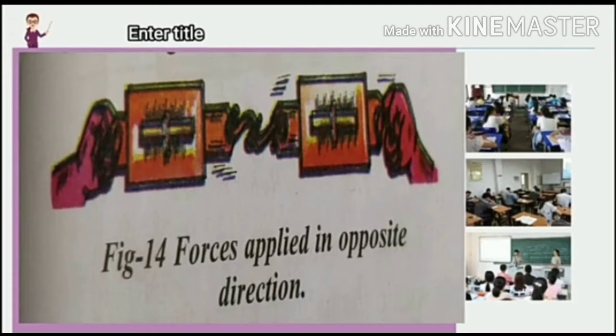But even though the forces are applied in opposite directions, these two spring balances show the same readings. Is it or not?